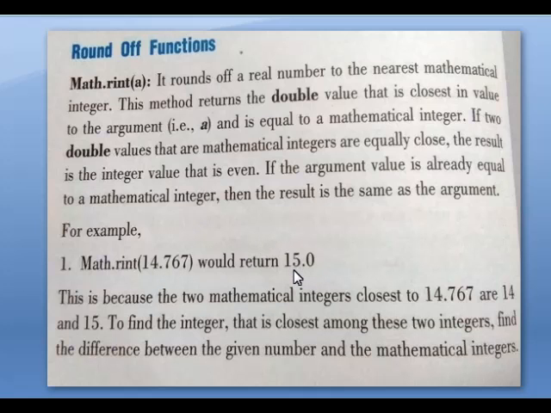This is because the two mathematical integers closest to 14.7 are 14 and 15. To find the integer that is closest among these two integers, find the difference between the given number and the mathematical integers.